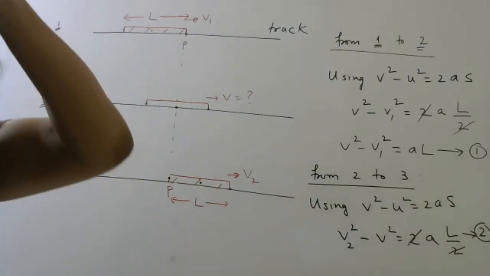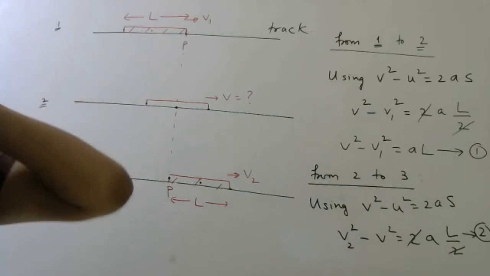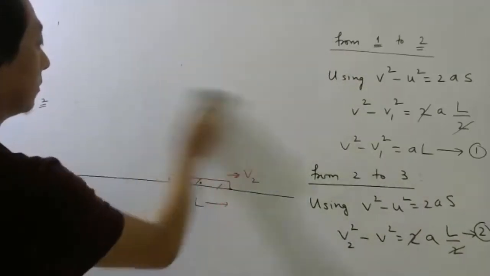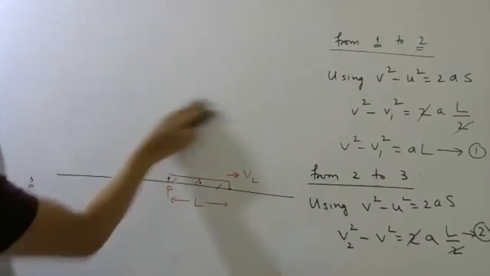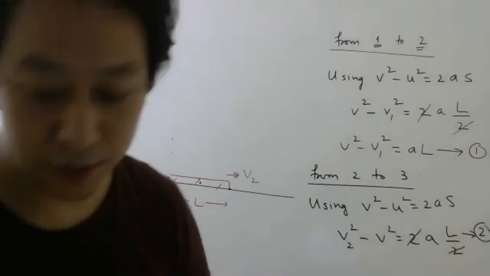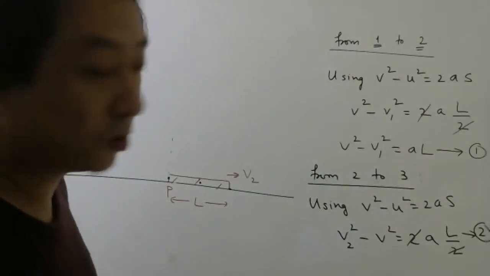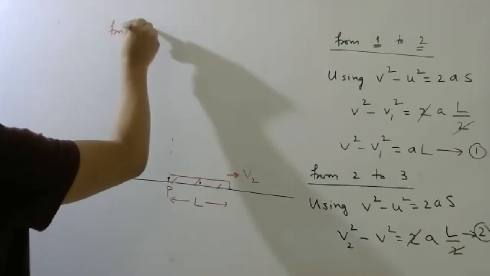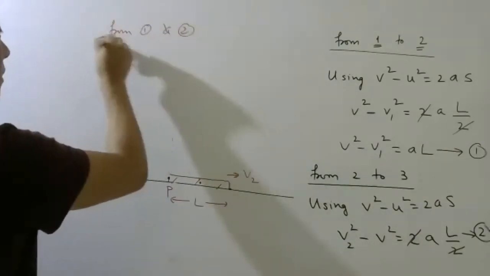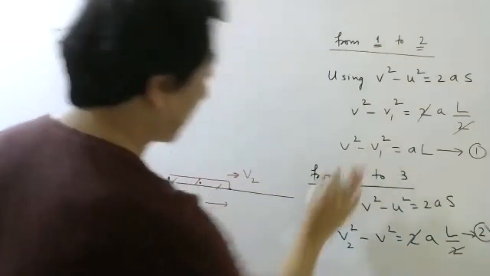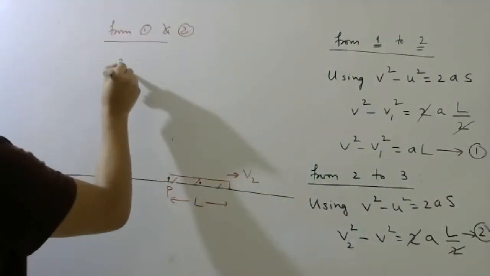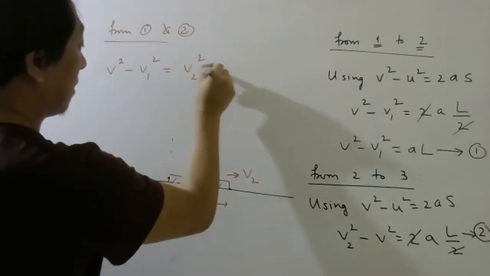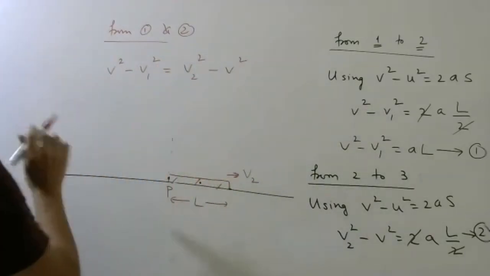Diagram is done, right? So what should I do from equation 1 and 2? Just equate both, because right sides are same. So from 1 and 2, if right sides are same, left side should be same. V square minus V1 square should be V2 square minus V square. Then bring it this side.